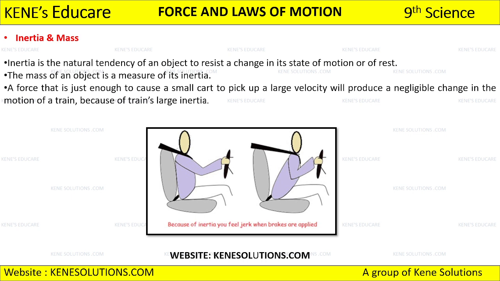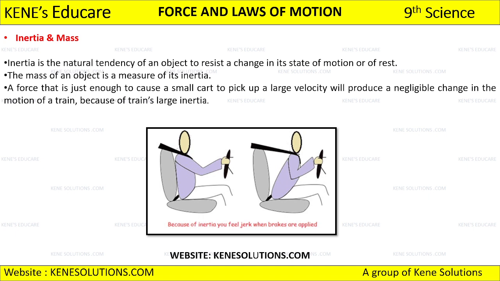Then they have given that the mass of an object is a measure of its inertia. What is the mass of an object? The mass of an object is a measure of its inertia. A force that is just enough to cause a small cart to pick up a large velocity will produce a negligible change in the motion of a train, because of the train's large inertia.